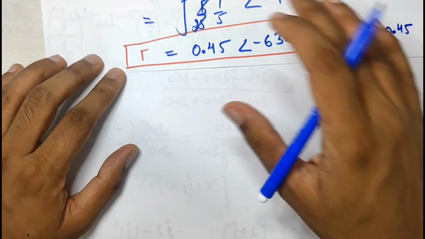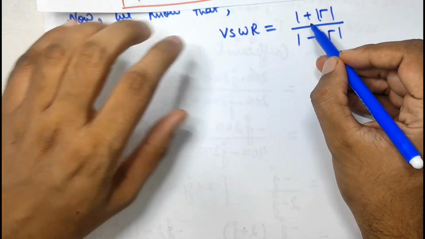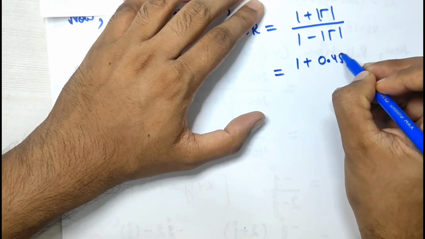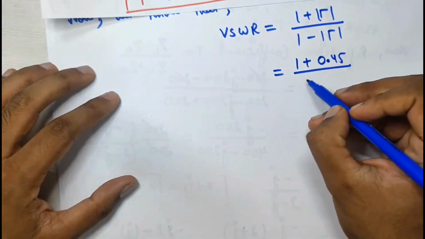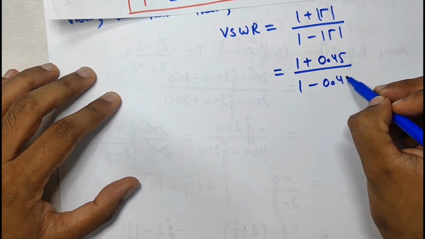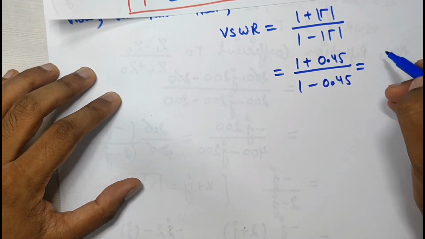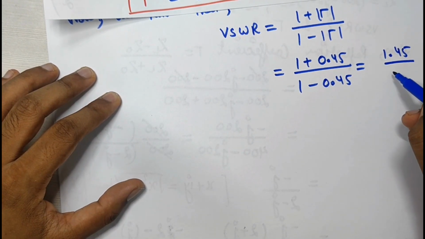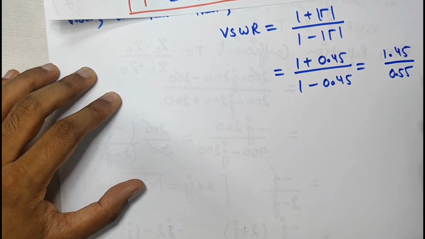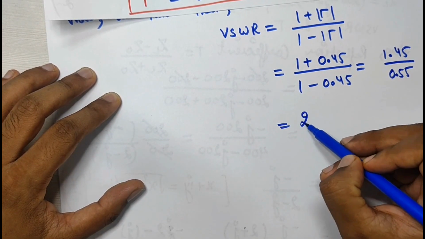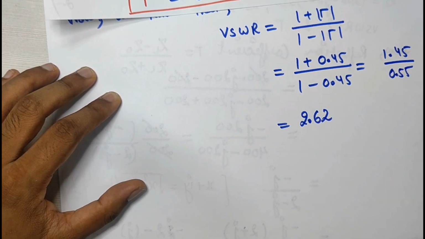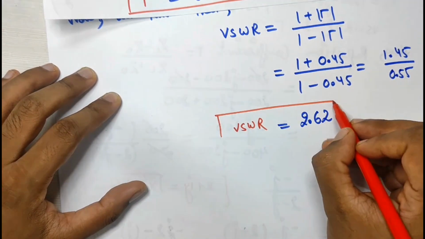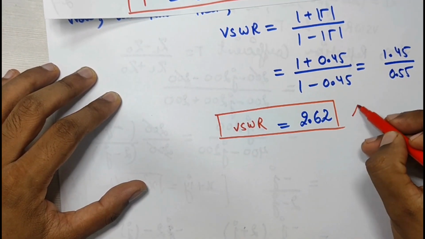We substitute this value here. So this will be 1 plus 0.45 upon 1 minus 0.45, which is 1.45 by 0.55, right? 2.62 is the VSWR. This is the answer that we were looking for.